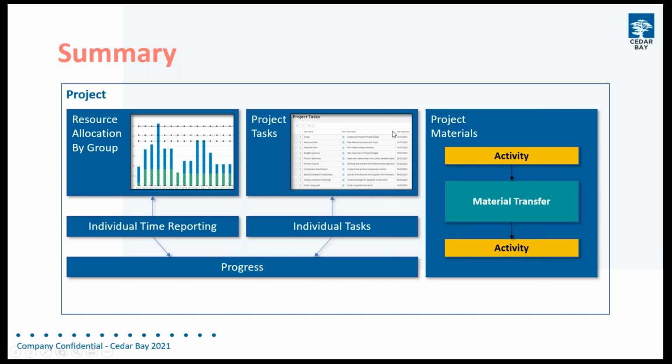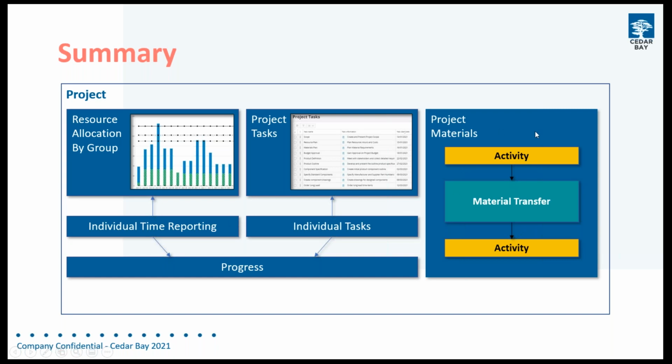We've looked at how we can give more granularity on an activity by listing tasks and assigning them to individuals, and we can see how those individuals can look at those tasks from their own view in their My Task screen, and also then update progress from those tasks.